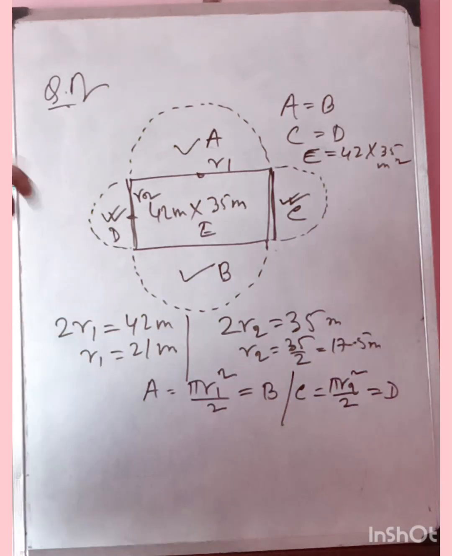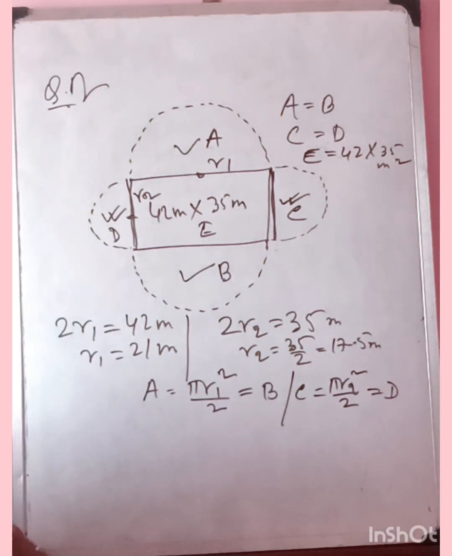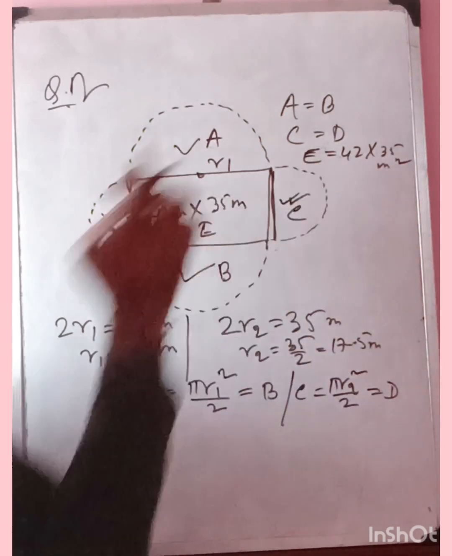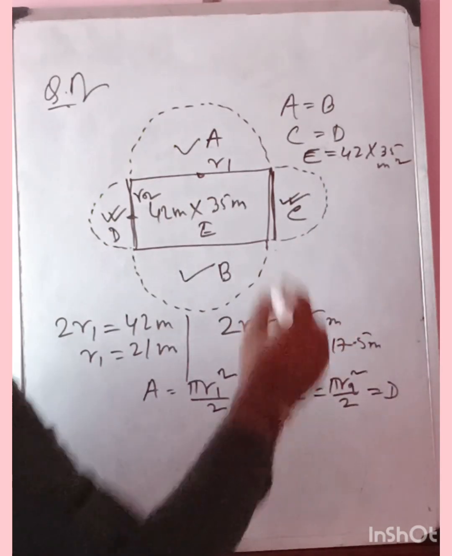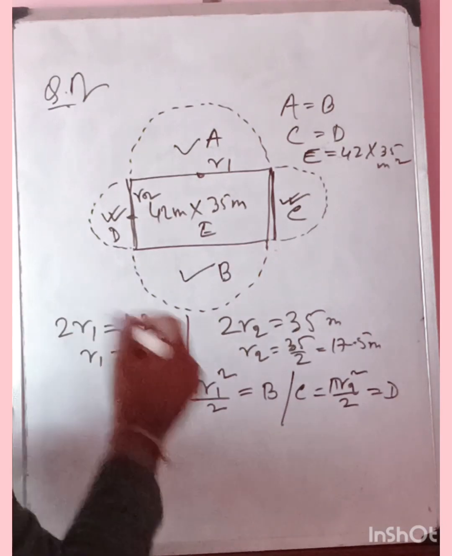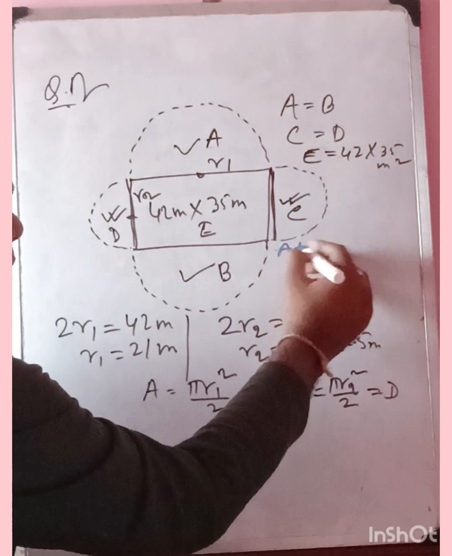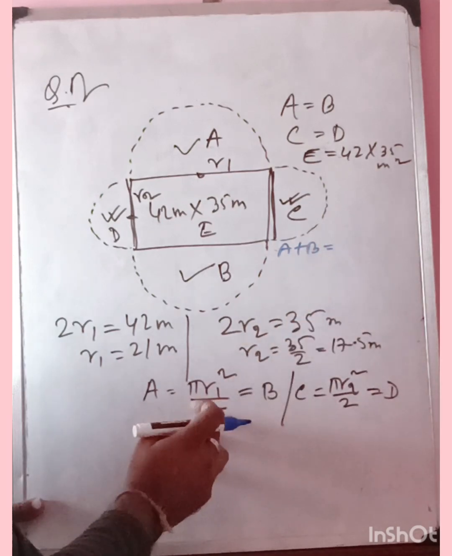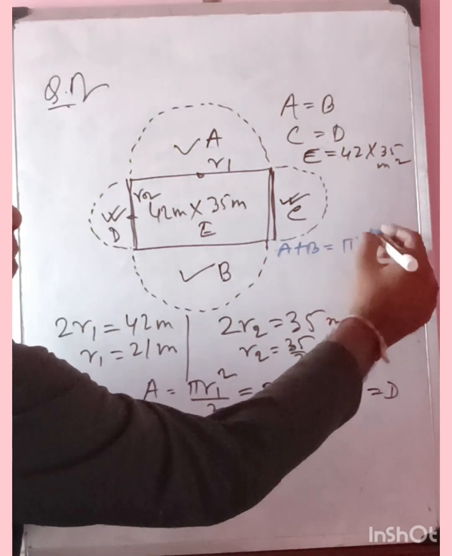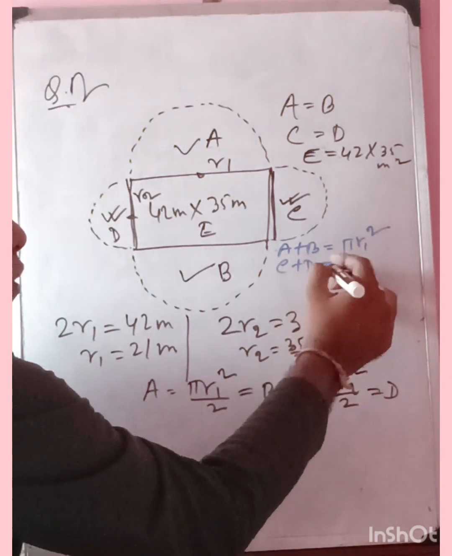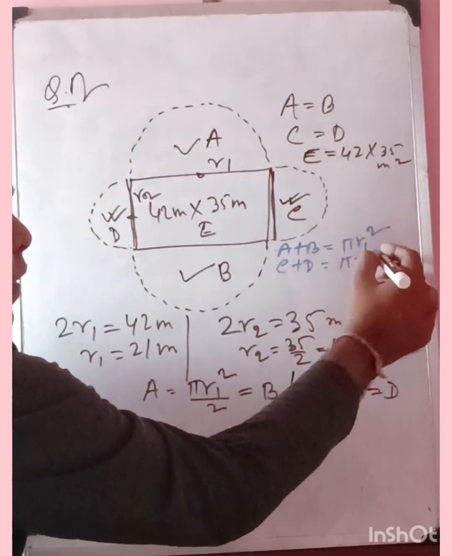So if entire area is to be found out, then you have to add A plus B plus C plus D plus E. This is A. So A equals to B. So A plus B is nothing but this into 2. So it becomes pi r1 square. And C plus D equals to pi r2 square.